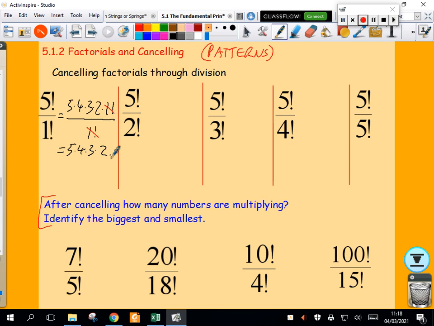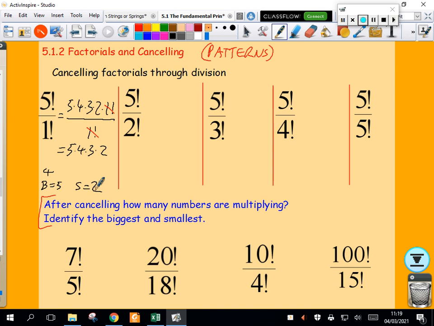How many numbers are multiplying? The 4 numbers here. Identify the biggest and smallest. The biggest is 5 and the smallest is 2. So 4 multipliers, biggest 5, smallest 2.